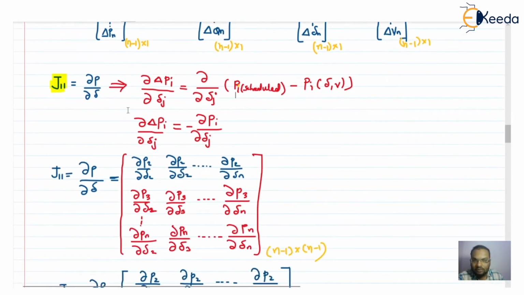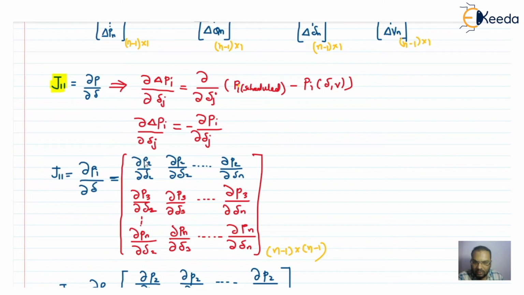Now I can write this broadly in matrix form. J11 is the partial differentiation of real power on the ith bus with respect to the phase angle on each bus. First, let us assume it is the second bus.